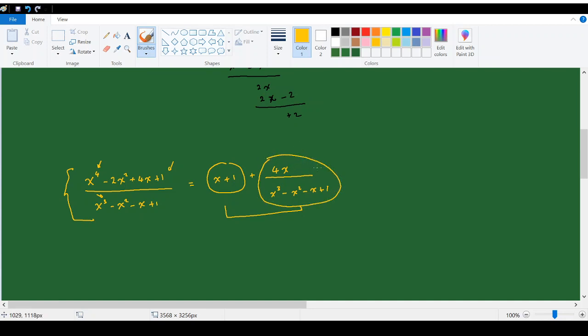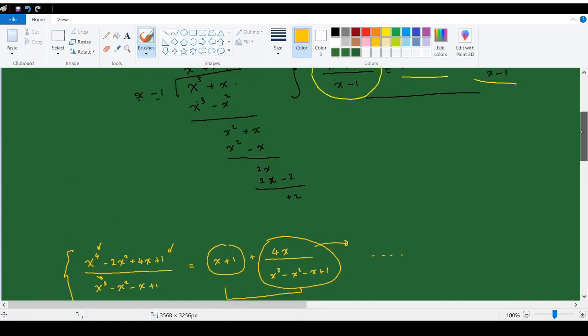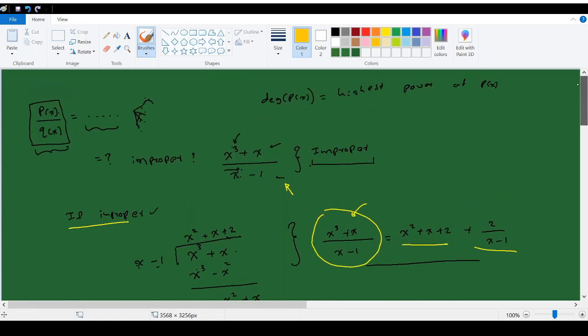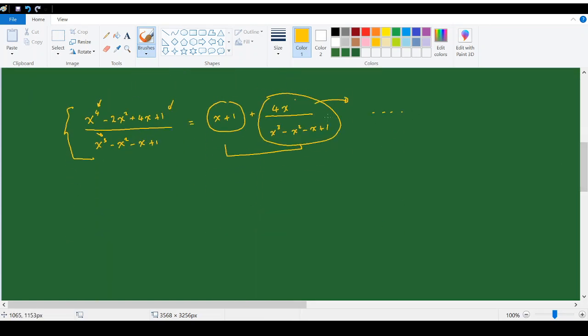The reason is we can simplify this portion a little further by the methods I mentioned before, right? So this one falls under one of these 4 categories, so we can do the appropriate calculation to simplify this term a little further.